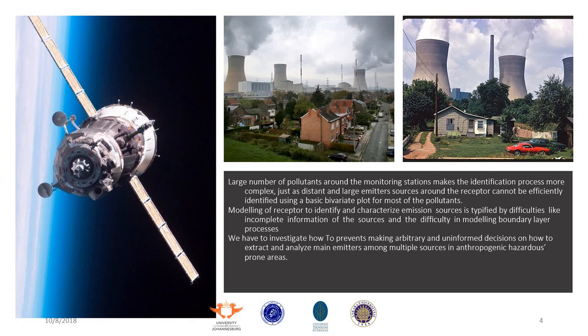So we have to investigate how to prevent making arbitrary and uniform decisions on how to extract and analyze the main emitters among the multiple sources in anthropogenic hazard-prone areas.